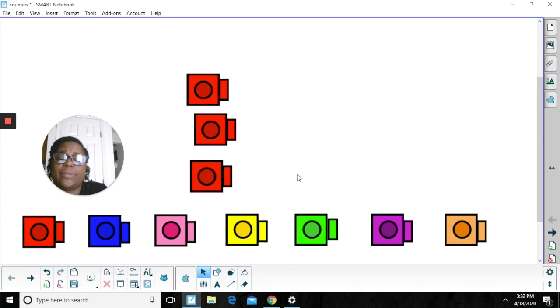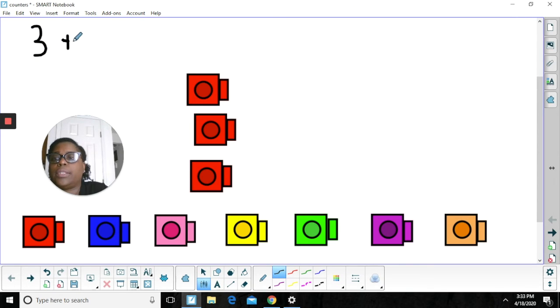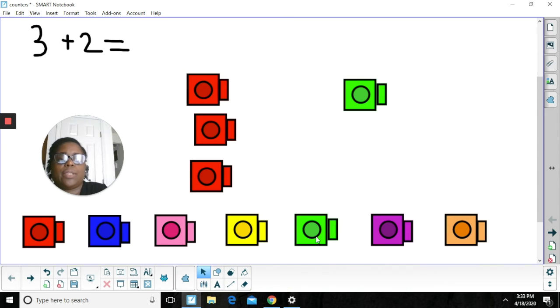And then she had 2 other things she had to put together because the addition sentence at the bottom was 3 plus 2 is equal to something, okay? So you put your 2 items over here.